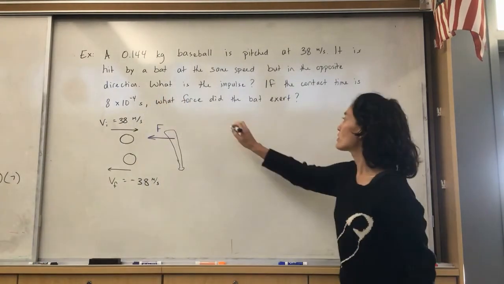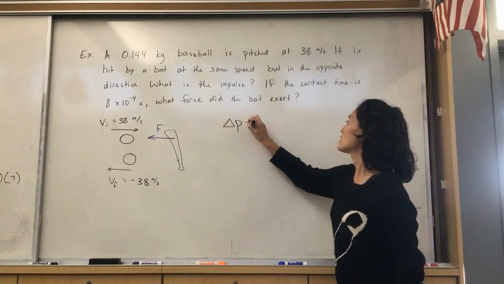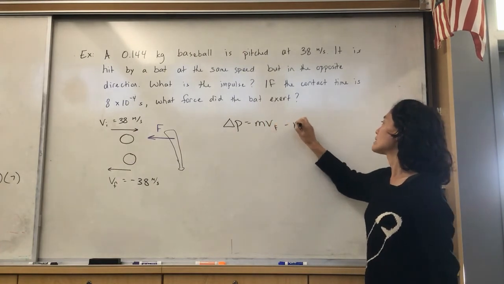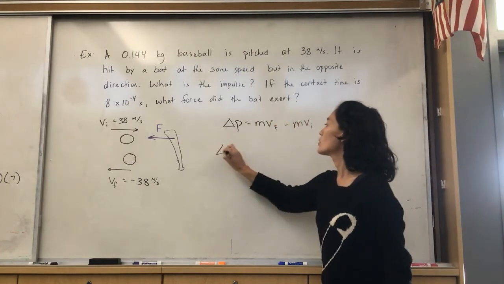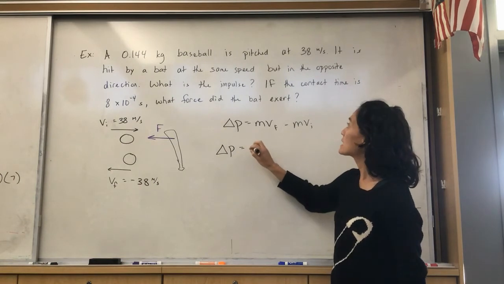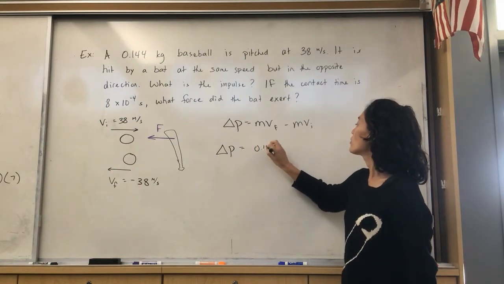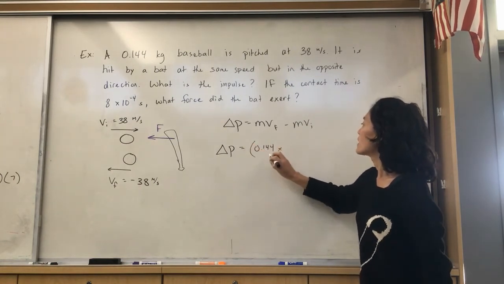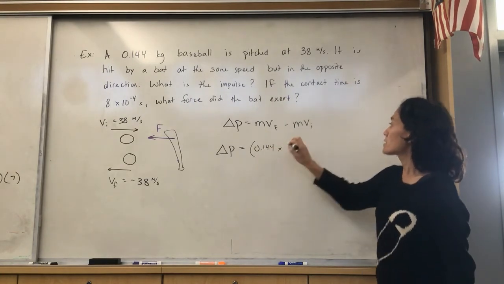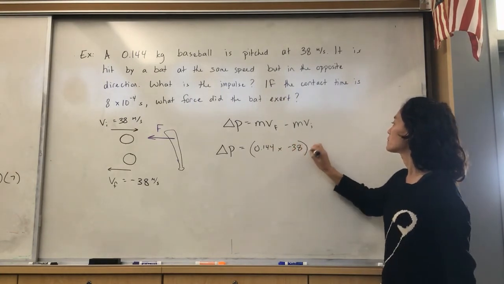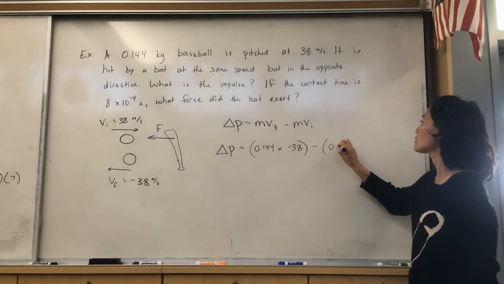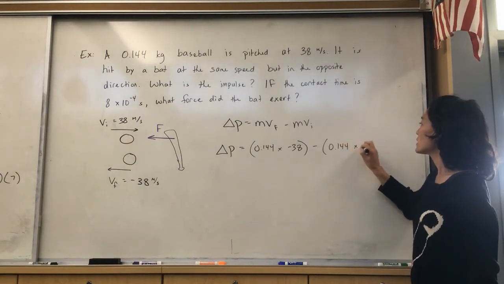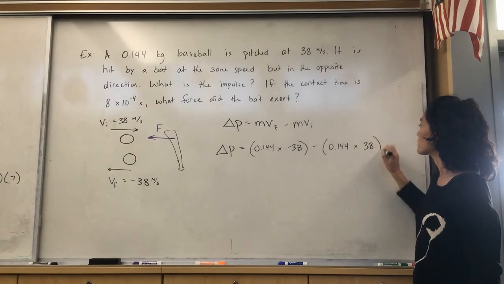I could just figure out what the change in momentum is. That's mv final minus mv initial. So that is going to be my mass of 0.144 times my final velocity of negative 38, minus my mass, 0.144, times my initial velocity of 38.